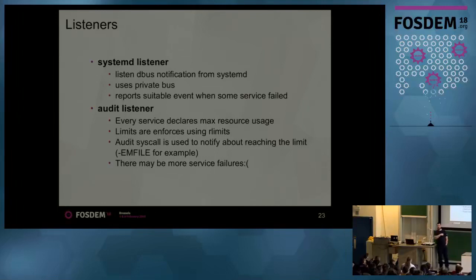We want to get this notification directly. So we use the private systemd bus, which doesn't involve any other daemon for communication. So systemd may send us a signal whenever some service failed. When we get this signal, we report an event to the core and then run our business logic to decide what we should do with this service.